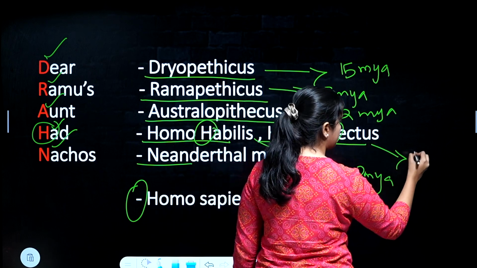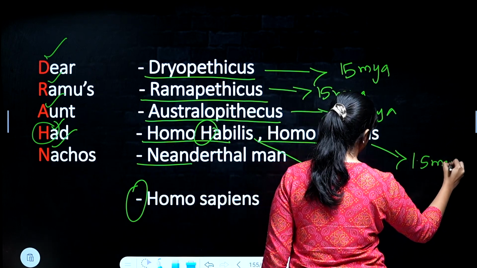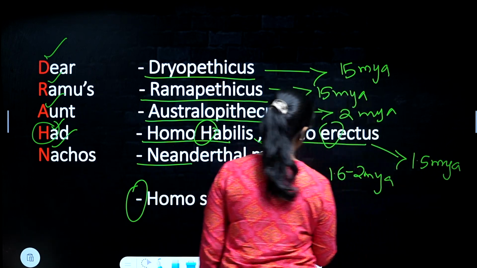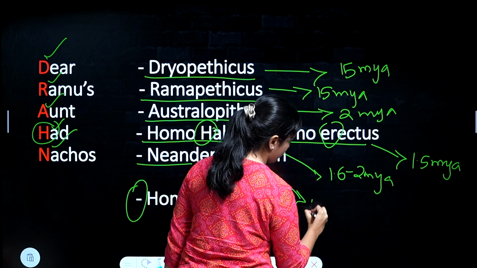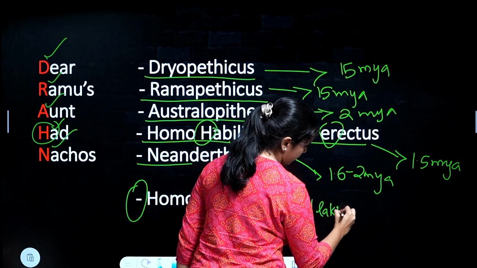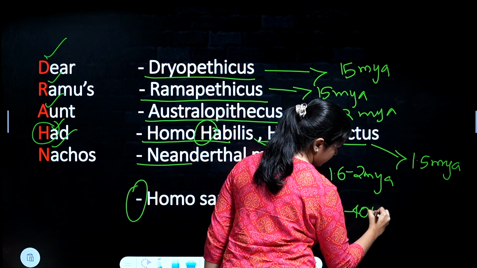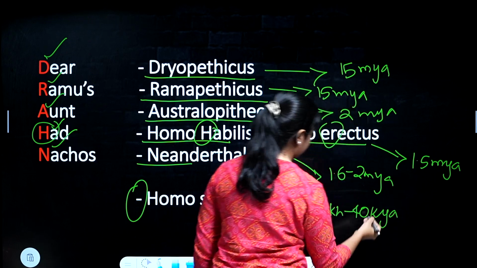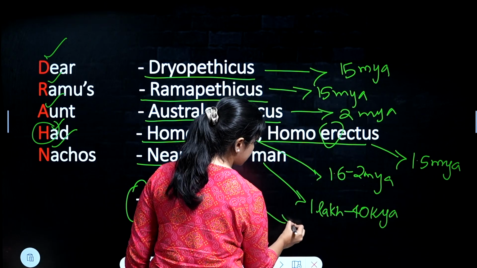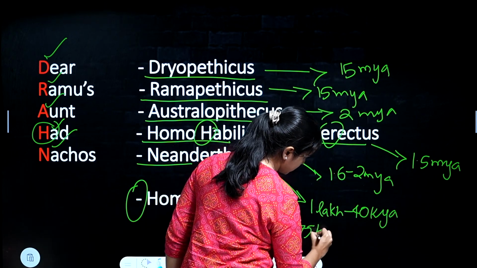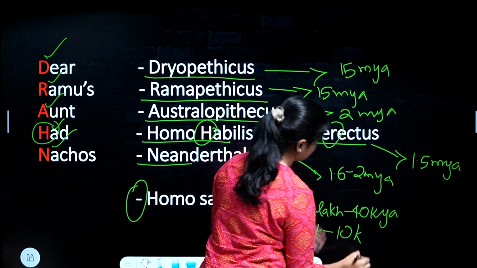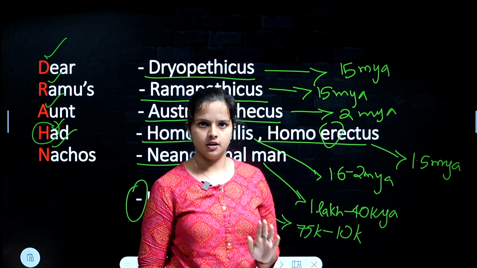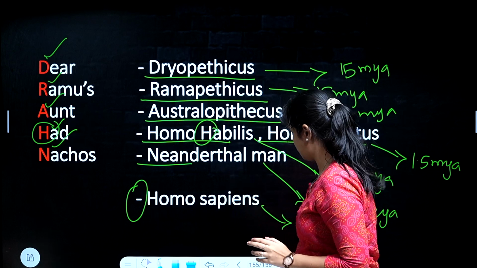Homo erectus came about 1.5 million years ago. The Neanderthal man came about 1 lakh to 40,000 years ago, and the Homo sapiens arrived about 75,000 to 10,000 years ago. So this is also something that you should be aware of. Okay, so this is the beautiful code that you have.